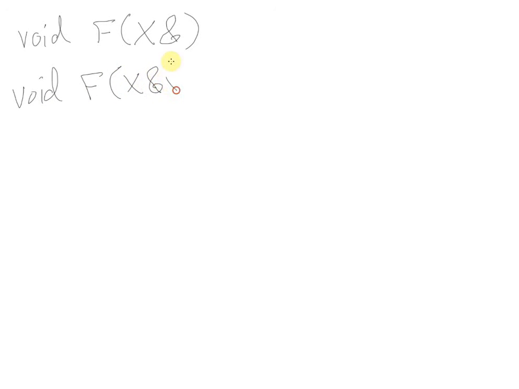Okay. Let's say we have two functions overloaded: void f, and it takes an X reference. And we have another one, void f, takes an X rvalue reference.